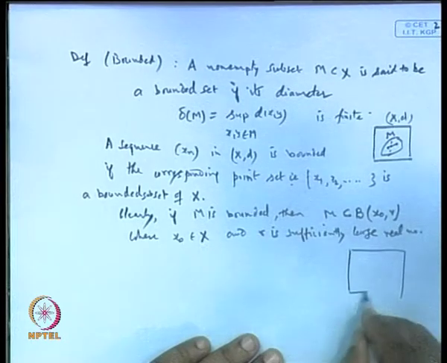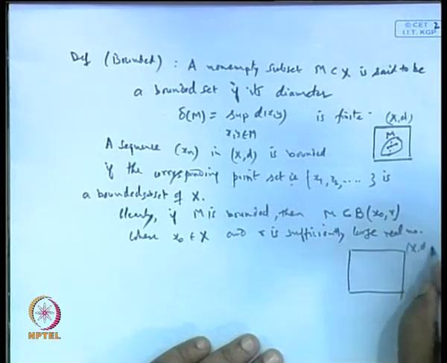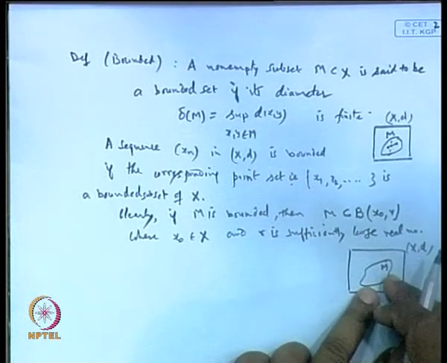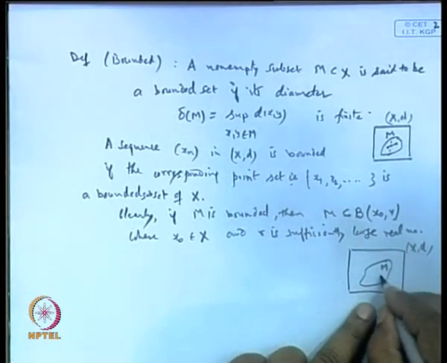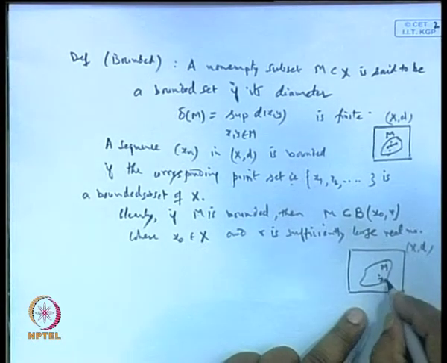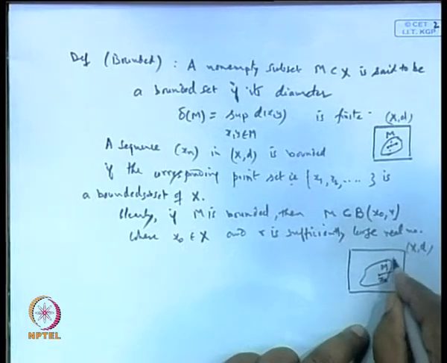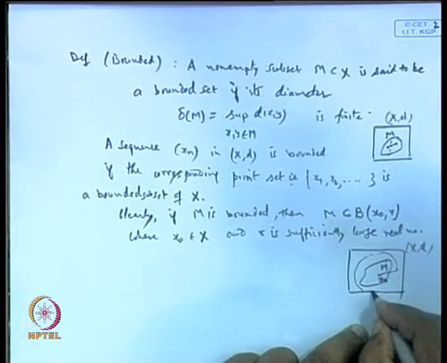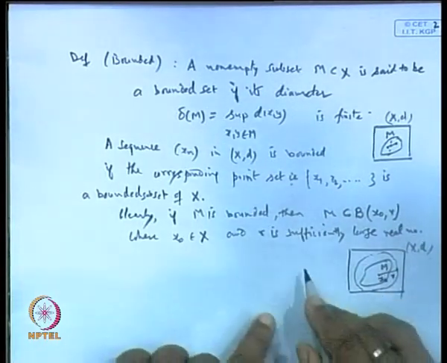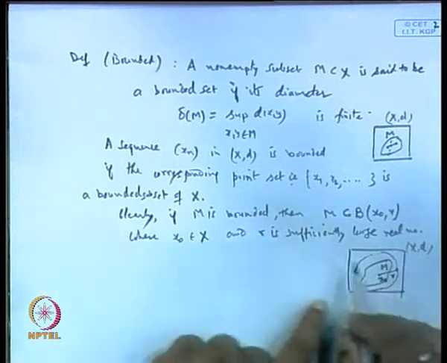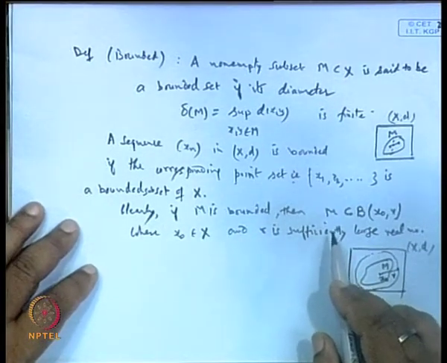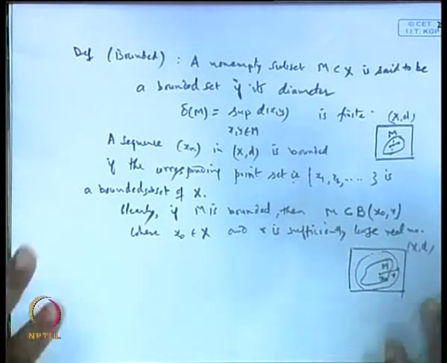If we have this metric space (X, d) and this is our set M, and the set is bounded, it means if I pick any arbitrary point x_0 in X, then corresponding to this point we can always find an open ball centered at this point with a suitable radius, say r, such that all the points of the set M are points of this ball. Then we say the set M is a bounded set or bounded subset of X.